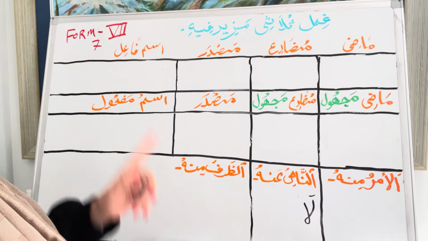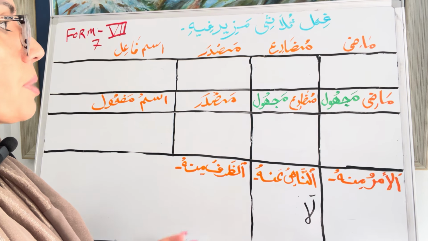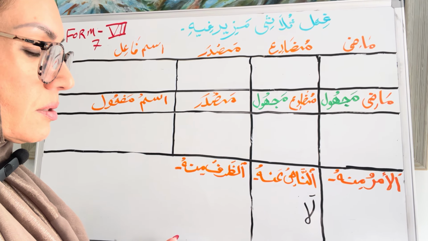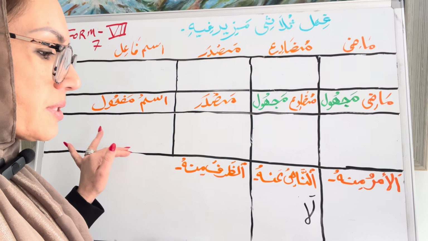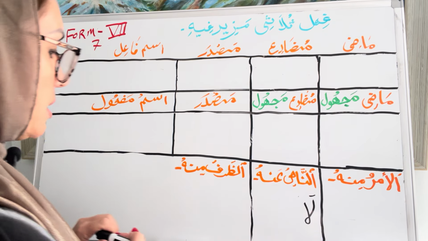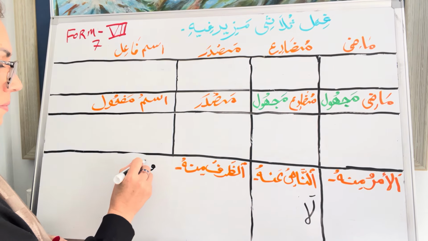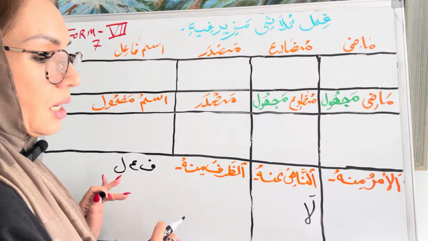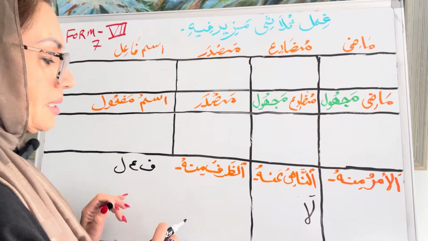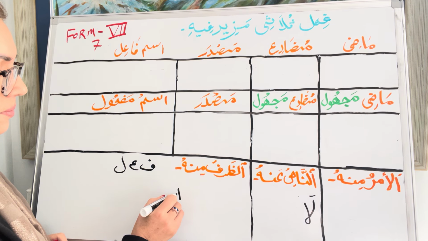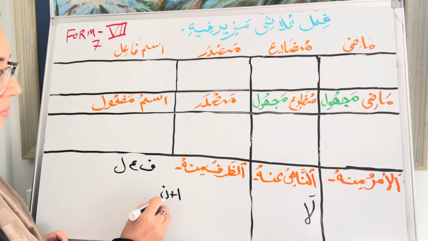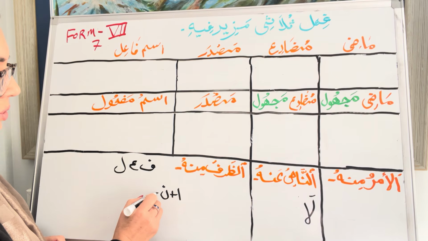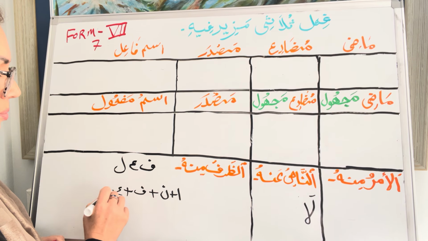Now we have form 7. So we're still on the same pattern, فعل ثلاثي مزيد فيه, and the basic 3 root letters, with the other things that are added. So in form 7, let's go back to our basic fa'ala. Here we have alif and noon added in front of the verb, plus fa, plus ain, plus lam.